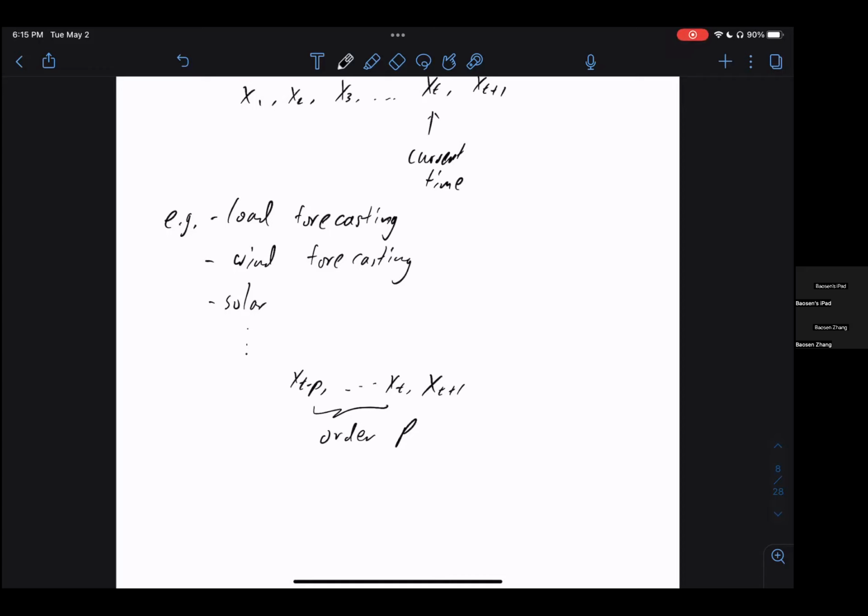The benefit is that the longer you look back, the more data you have, so in some sense you should be able to do better at forecasting the next one. But with a higher order, you also have a lot of data that may not be relevant, and it becomes a more difficult problem to forecast the next one.